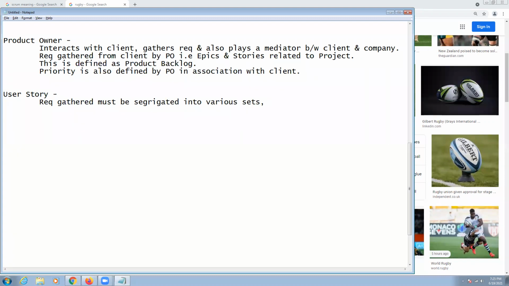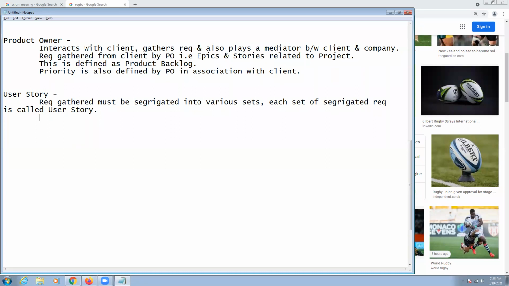right? Let me complete that line over here. Called as user story over here. And this segregation must be conducted in such a way so that they can do end-to-end testing possibilities over here.